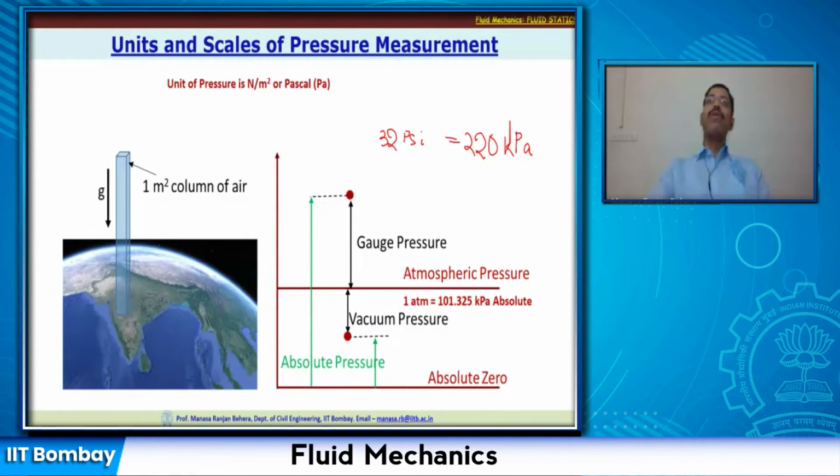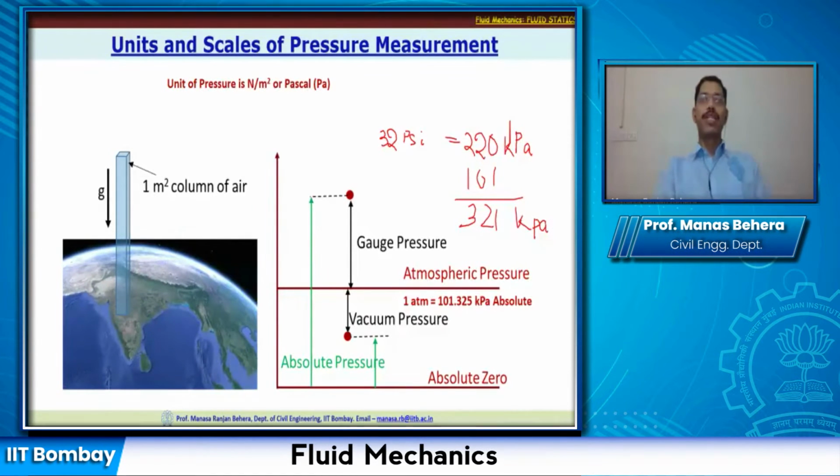Okay, now if I want to find out the absolute pressure within the tire, I can add both of these, 220 plus 101, which gives me 321, which is nothing but my absolute pressure. Okay, so now you have understood the units and scales of pressure.